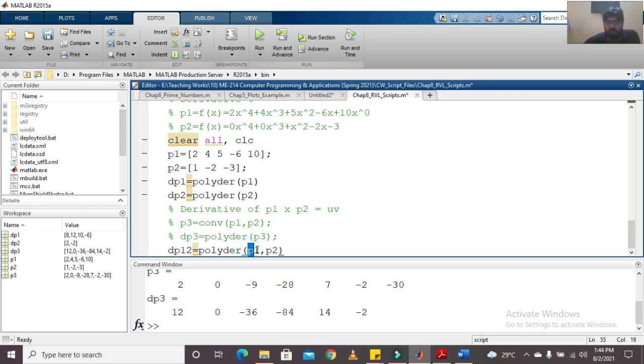The first polynomial will be my u and the second polynomial will be my v. This is what you have studied in intermediate level. P1 and P2.